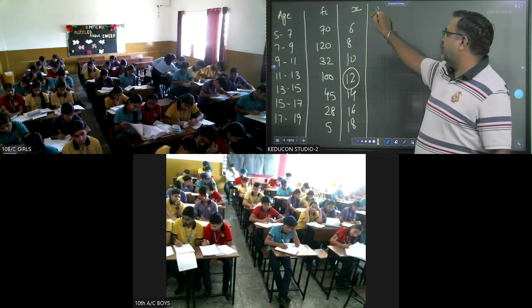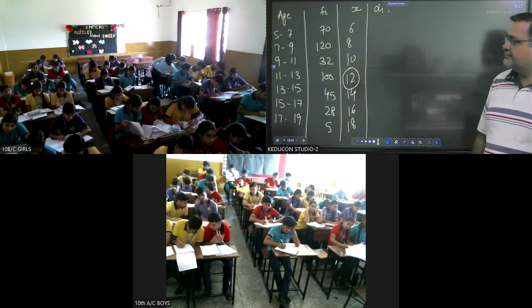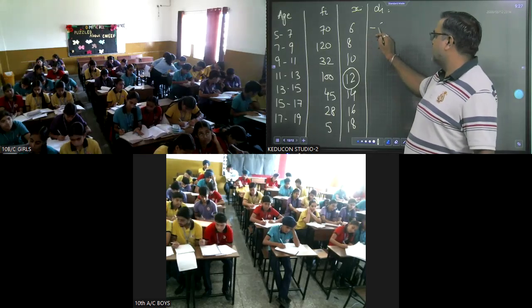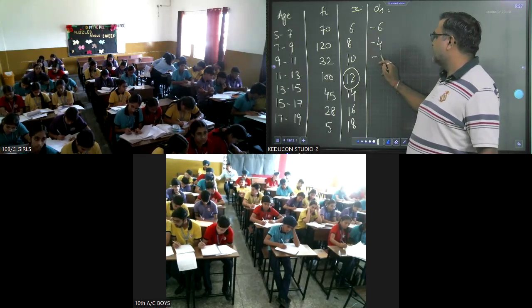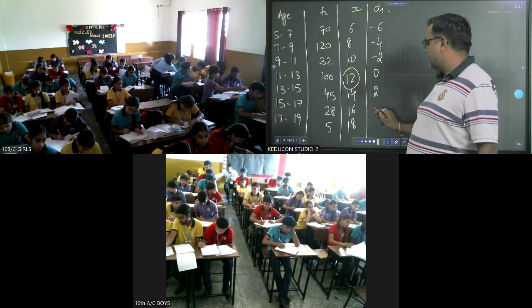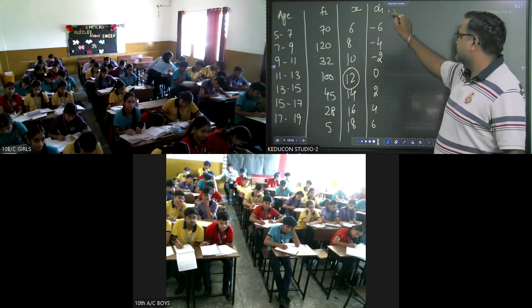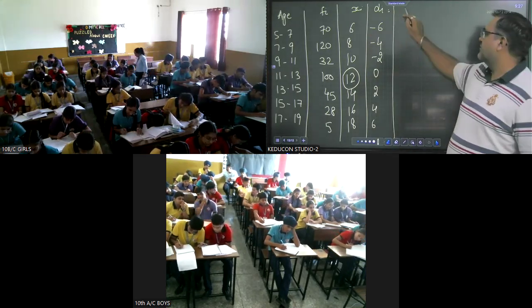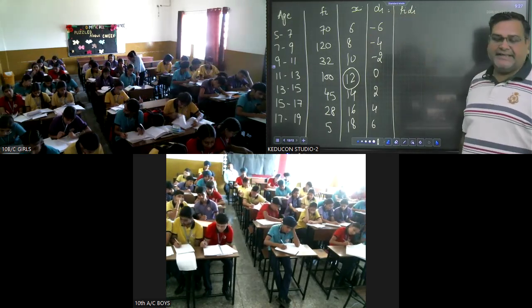Now find out the di. What will be di? Minus 12, minus 6, minus 4, minus 2, 0, 2, 4, 6, right? Next step is fi di.